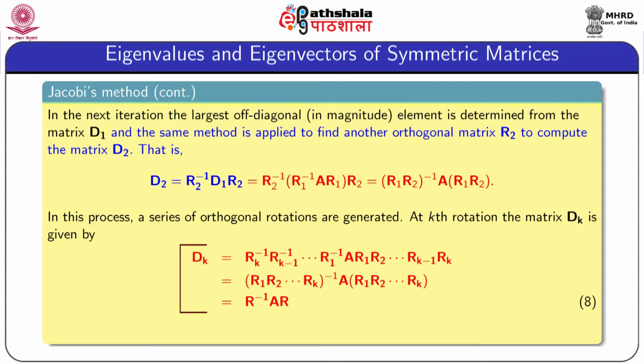This expression can be written as R1 into R2 ... Rk whole inverse into A into R1 R2 ... Rk, and let this expression be R inverse AR, where the matrix R equals the product of the orthogonal transformations R1 into R2 ... Rk. Now, if Dk is a diagonal matrix, then the diagonal elements give the eigenvalues of the given matrix A, and the column vectors of the matrix R give the corresponding eigenvectors.